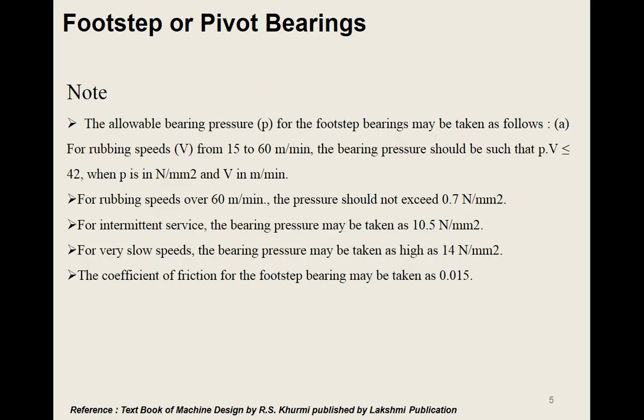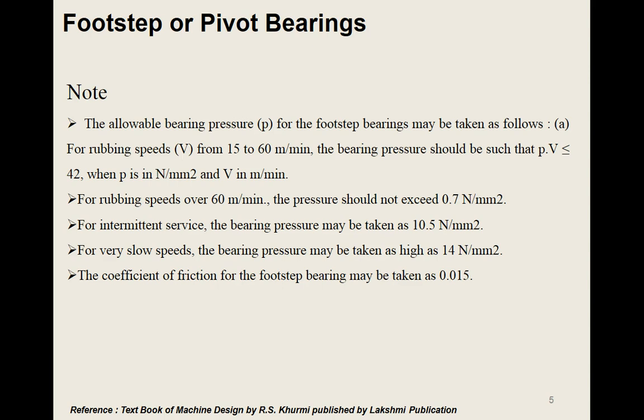And there are some values which we have to remember before solving the numerical problem. The allowable bearing pressure for the footstep bearing may be taken as follows. When the rubbing velocity V is equal to pi D N by 60, and V varies between 50 to 60 meter per minute, then the bearing pressure should be such that P into V, pressure into rubbing velocity, should not be greater than 42.